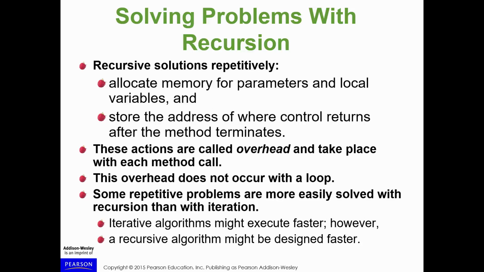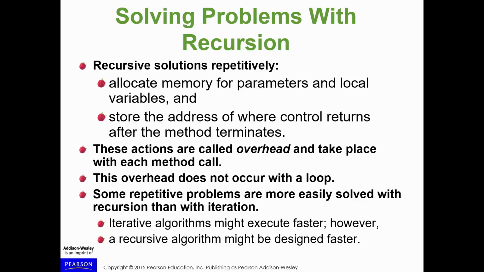This is the same kind of idea that I mentioned to you before. Recursive solutions must repetitively, each time, allocate memory for parameters and local variables and store those addresses. This is referred to as overhead, and it takes place within each method call. You don't get this kind of overhead within a loop.